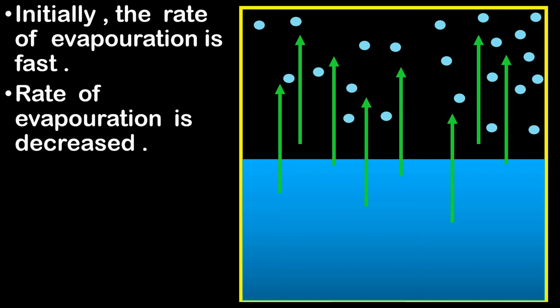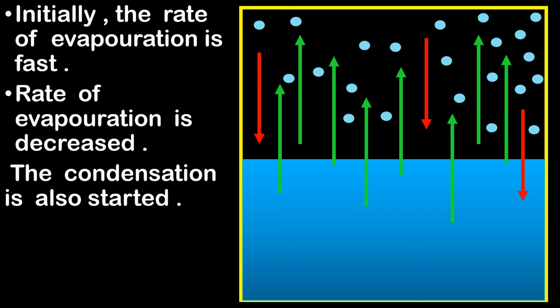Why? Because now the liquid is forming vapors slowly. And you observe one more thing: some of the vapors are getting converted back into liquid. And we all know vapors getting converted back into liquid is called condensation. So can I say now the condensation has also started?